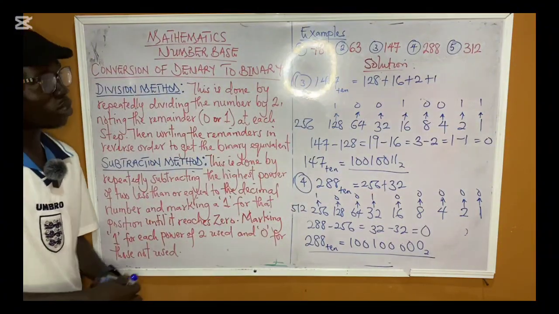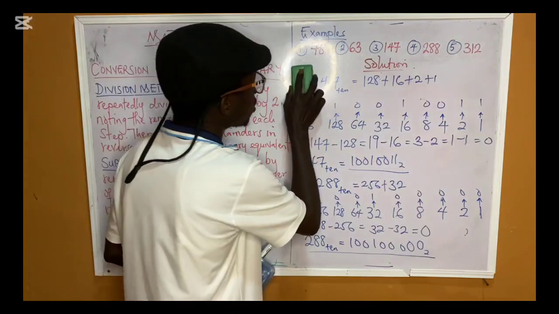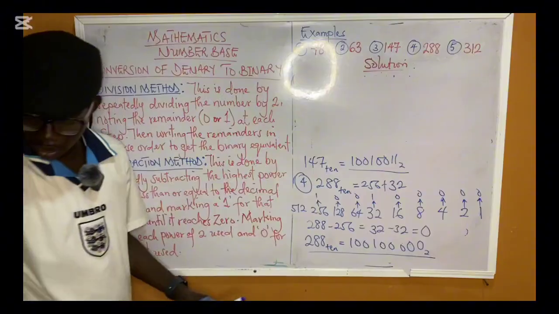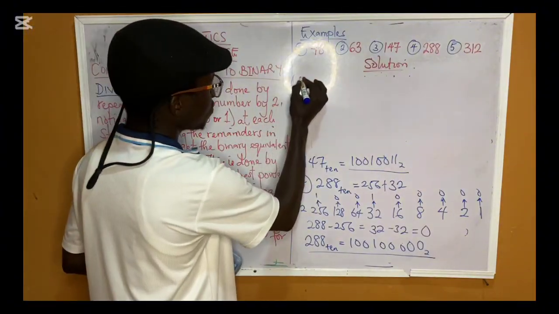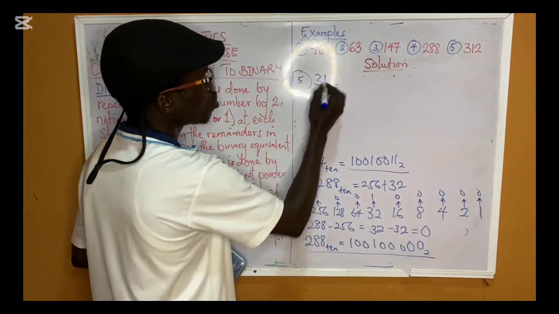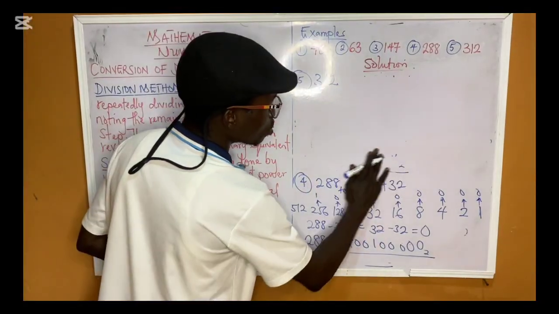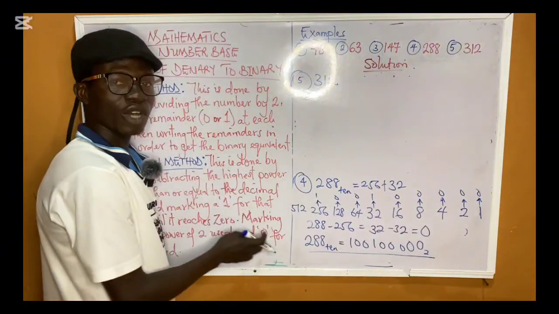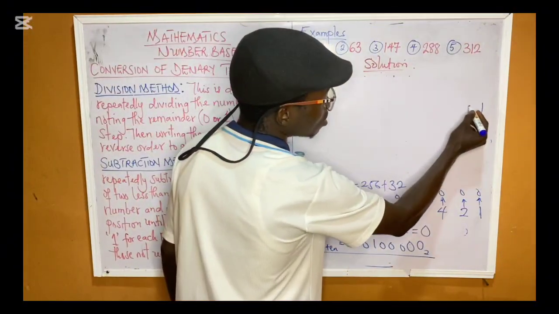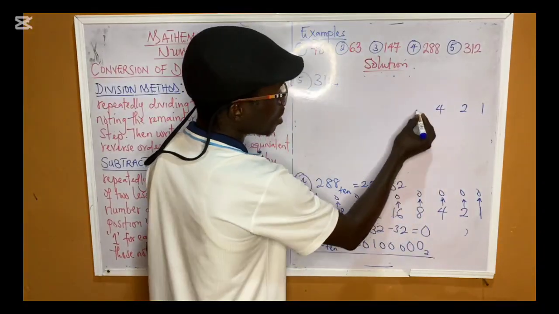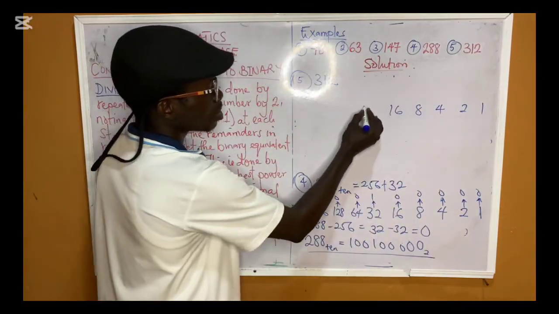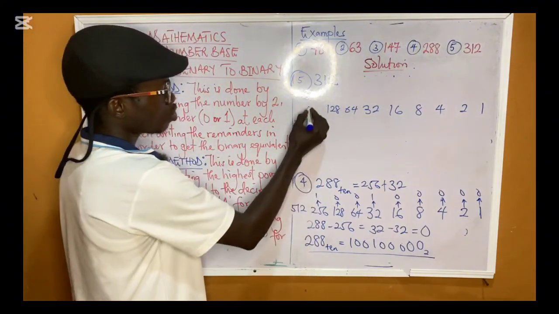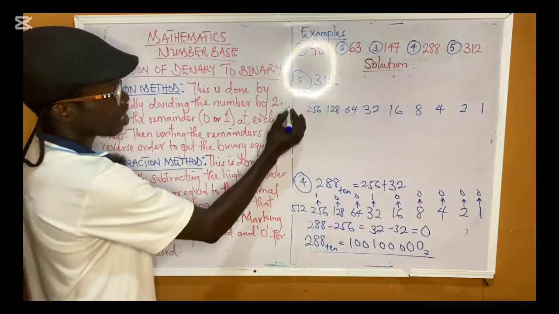Now for the last one, which is 312. So for number 5, which is 312. Remember, we are going to write the powers of 2: 1, 2, 4, 8, 16, 32, 64, 128, 256, and then 512.